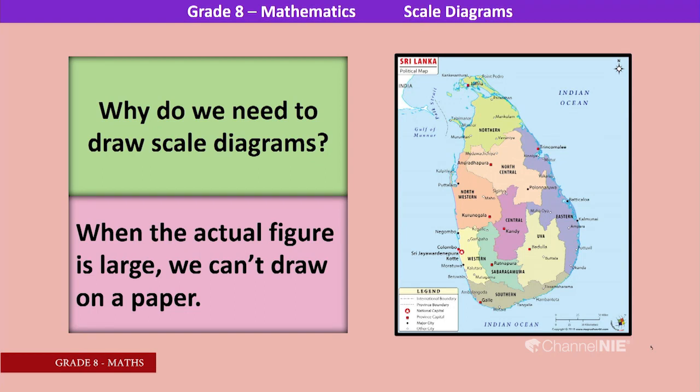You can't draw our country Sri Lanka on a paper. Then without changing the shape, we have to draw the shape of the map. It means our country Sri Lanka has a certain shape, and you can't change that shape in the scale diagram.